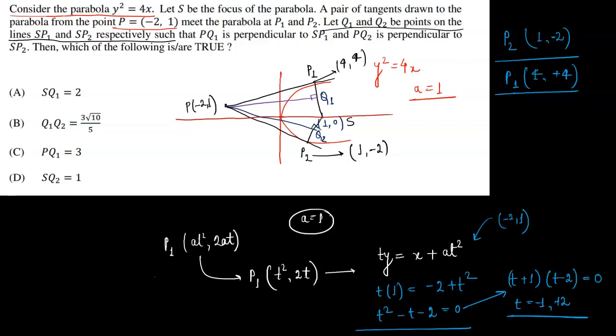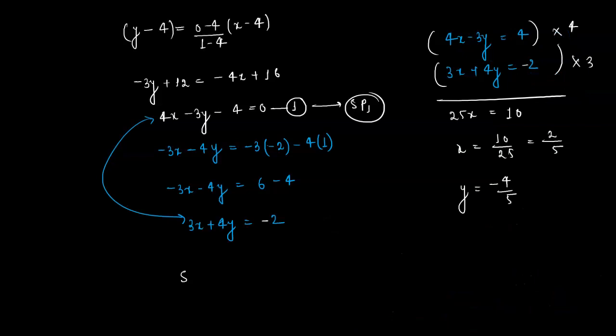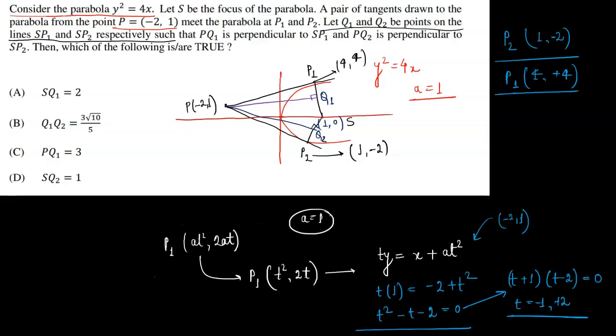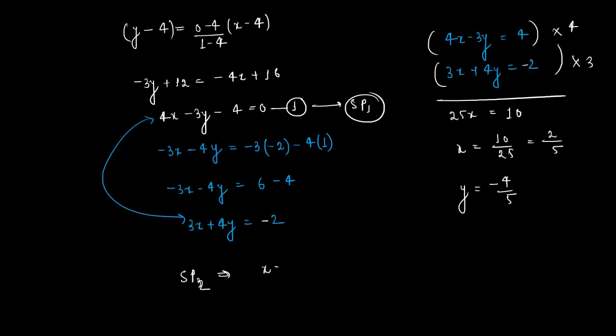So it is actually a straight line, and it is perpendicular to the x-axis because it is parallel to y. You can simply write the equation of SP2 as x is equal to 1.